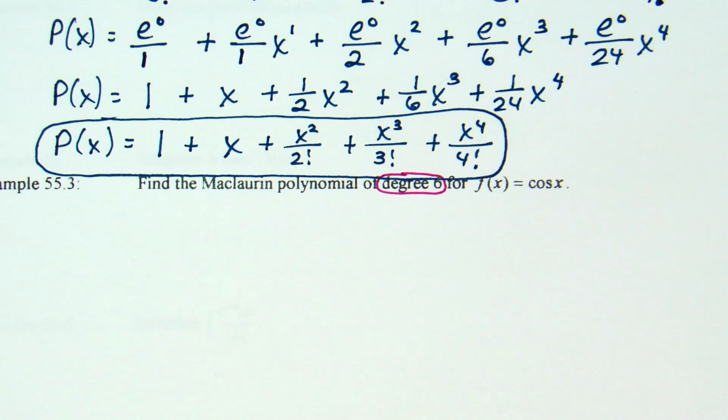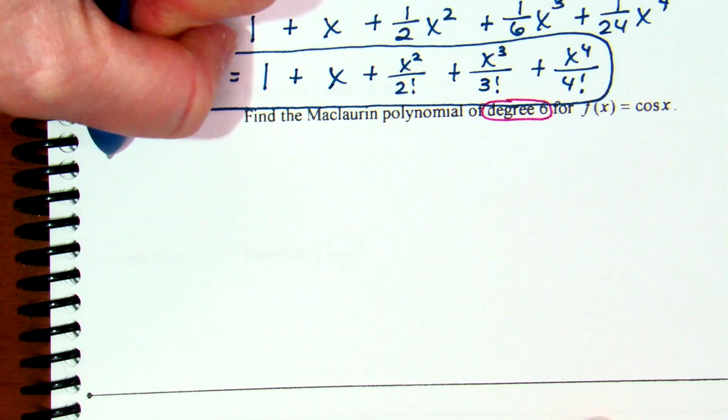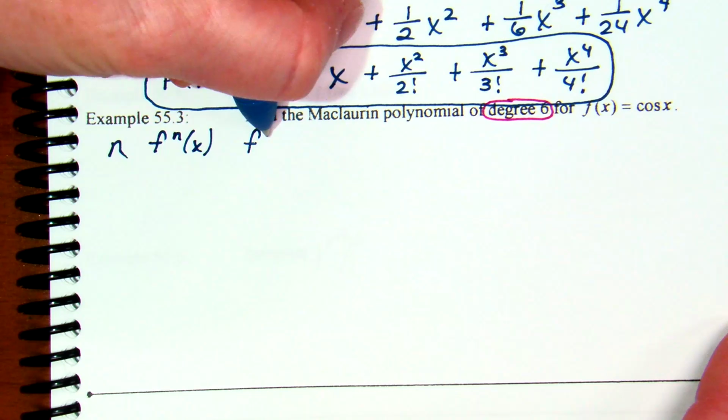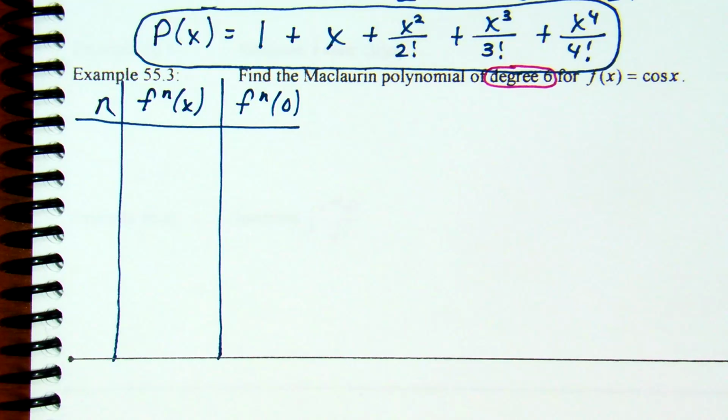I think before we get started, I'm going to set up a chart over here. I'm going to have n be my first column, f^n of x be my second column, and f^n of 0 the third. In other words, just getting all the information I need. We always start with f of 0, then we do the first derivative, second derivative, and so on. n is going to represent all those derivatives, so I'm going to label my n column 0 through 6.